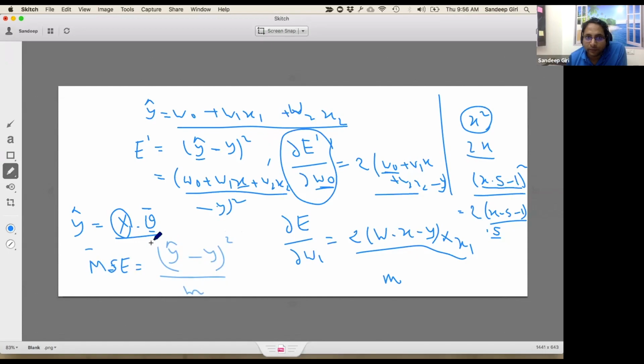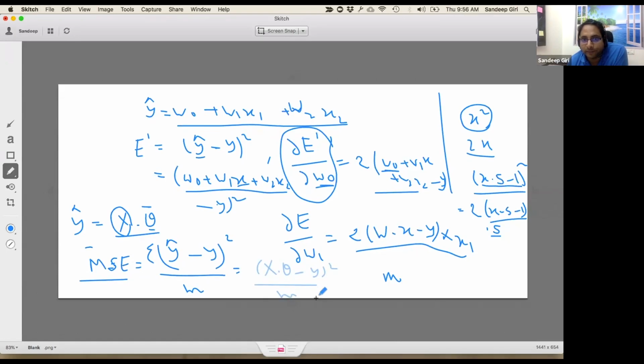We put sigma over here to represent a summation, where we first compute the y from the first record, the second record, and so on. This is the mean squared error, which is x dot theta minus actual y, squared, divided by m.